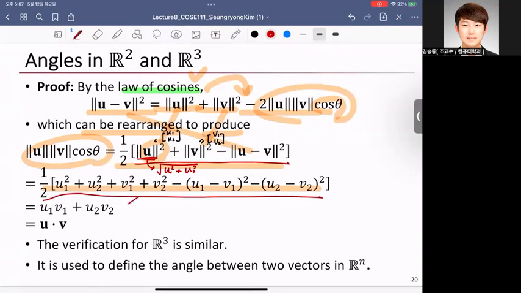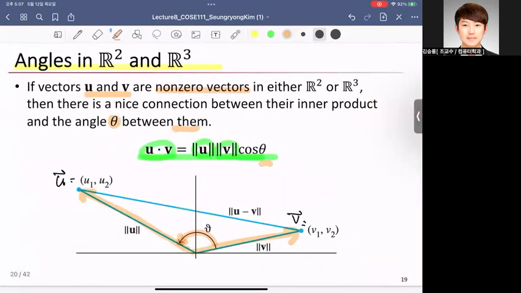And if we summarize this one, it's going to be u1 times v1 plus u2 times v2. It's going to be the inner product of u and v. So the verification for R3 is similar. It can be generalized. It can be used to define the angle between two vectors in R3 in general. So in other words, if we know the inner product between two vectors, we can determine the angle between two vectors with this equation.